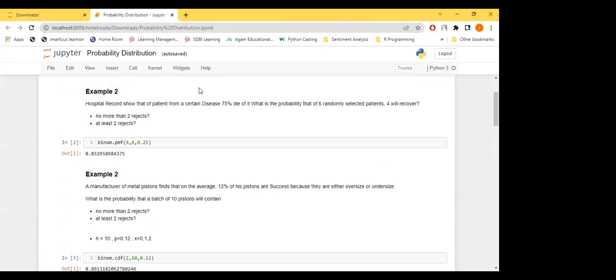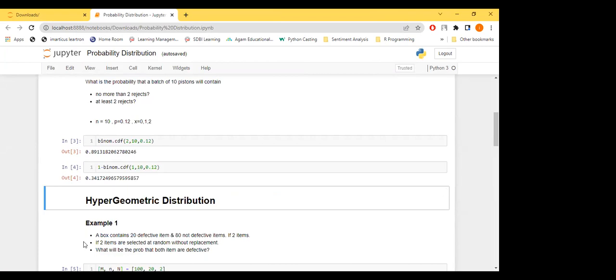So is file uploaded in Drive? No, you have to write this one. Plus, you also have to do a small revision for yourself.